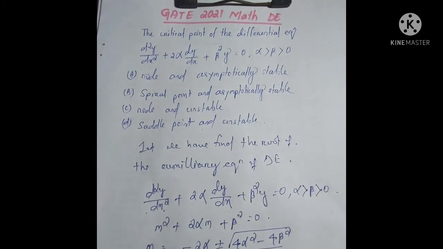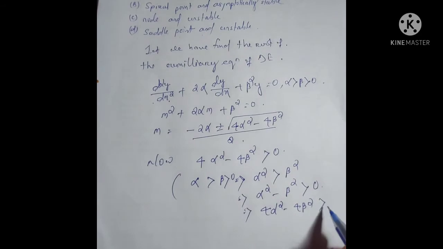Now 4 alpha square minus 4 beta square is greater than 0 because alpha greater than beta greater than 0. This implies that alpha square greater than beta square, and this implies that alpha square minus beta square greater than 0. This implies that 4 alpha square minus 4 beta square greater than 0.